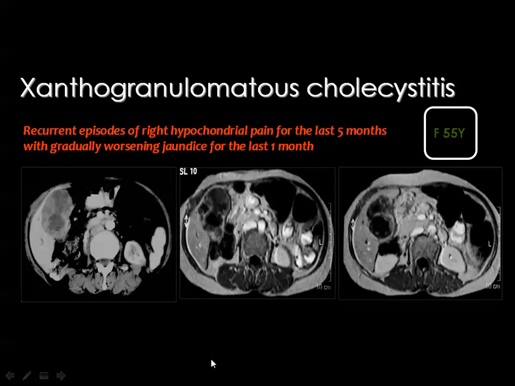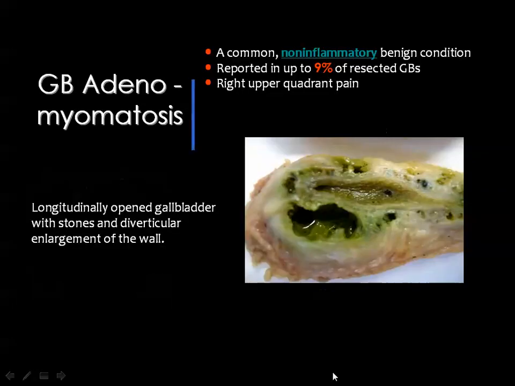And this is just a case from the literature showing that the gallbladder is enlarged, the wall is appreciably thickened, and there are masses or nodules attached to the wall. And these findings can simulate malignancy very closely, but you need the surgical confirmation in order to diagnose xanthogranulomatous cholecystitis.